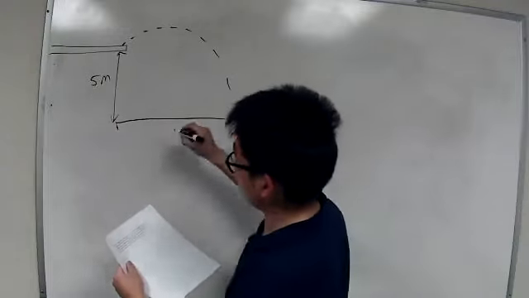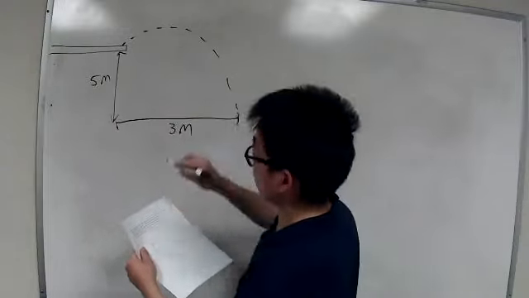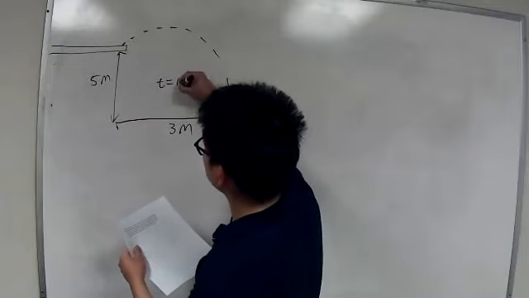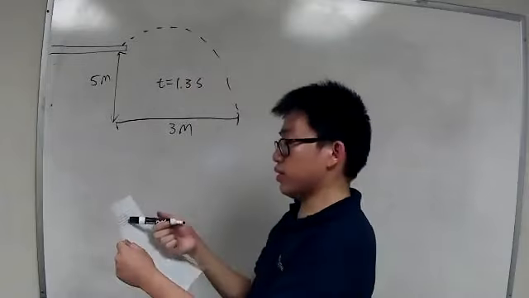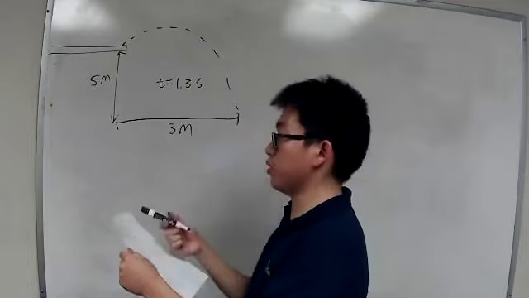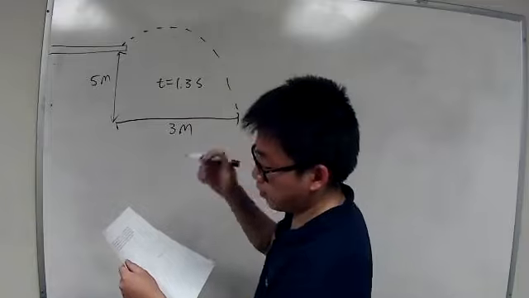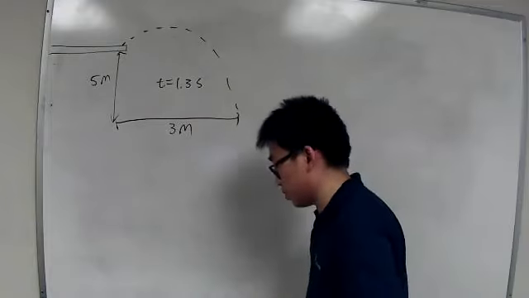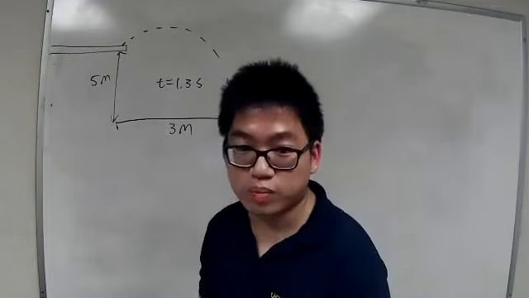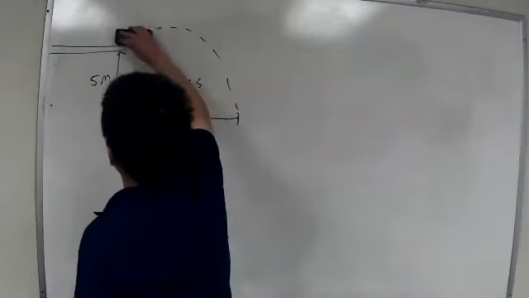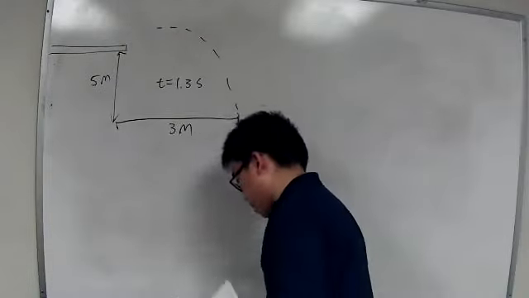This is 3 meters, and this took 1.3 seconds. We need to determine the initial velocity, the max height, and the final velocity when she enters the water. So it's everything a kinematics problem wants to be, and let's try and solve it.